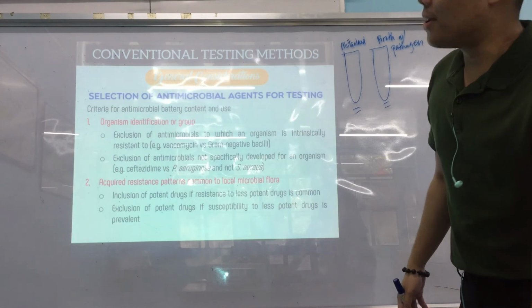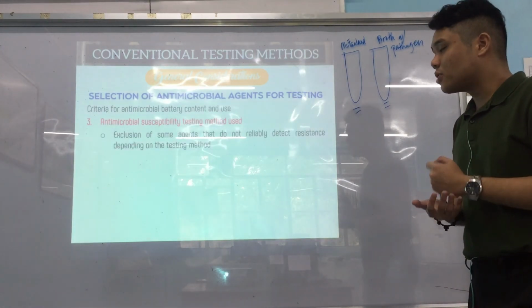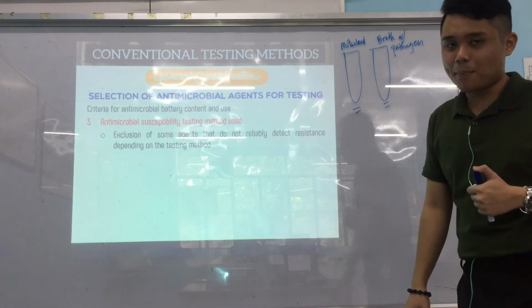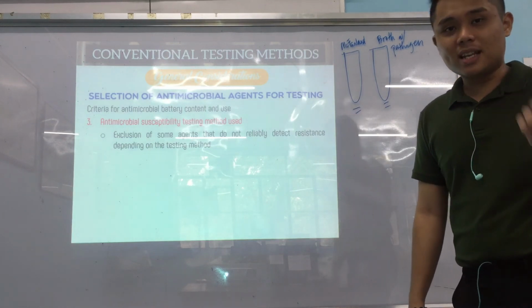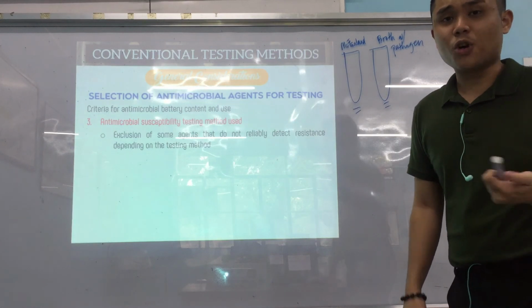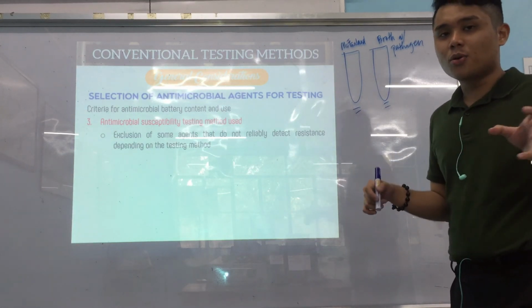Next, the antimicrobial susceptibility testing method used: we exclude some agents that do not reliably detect resistance depending on the testing method. Some methods, such as disk diffusion or agar dilution, cannot detect resistance for certain agents, so we exclude those agents.